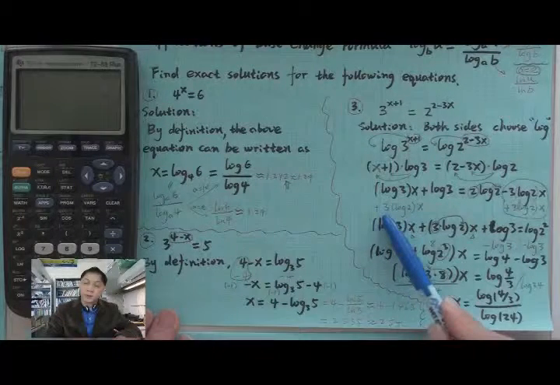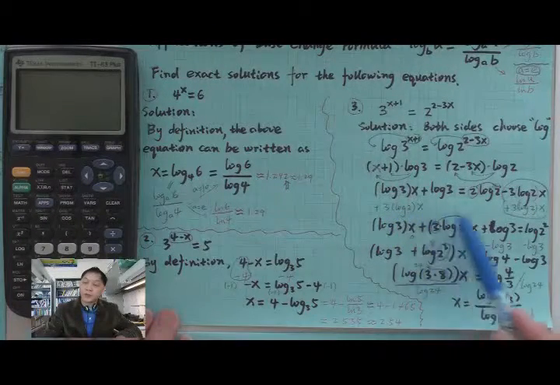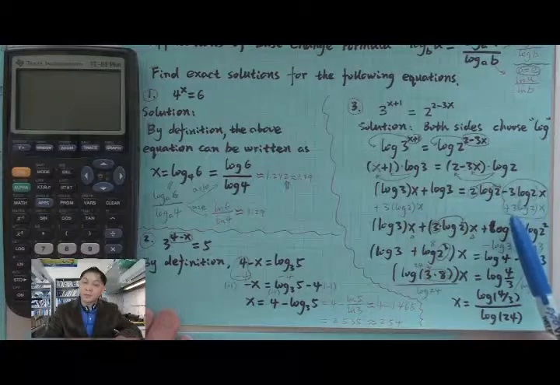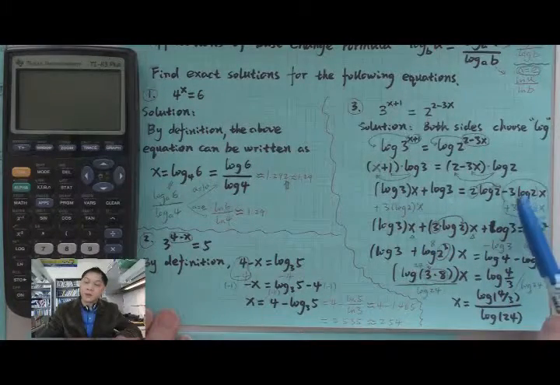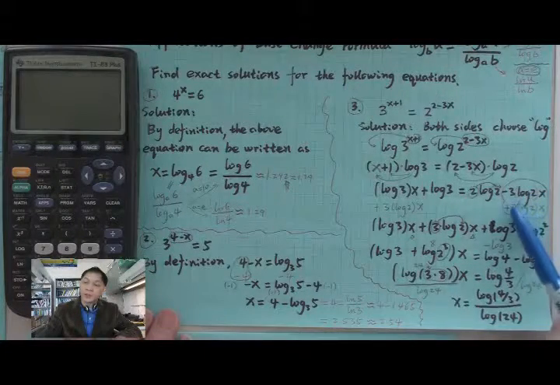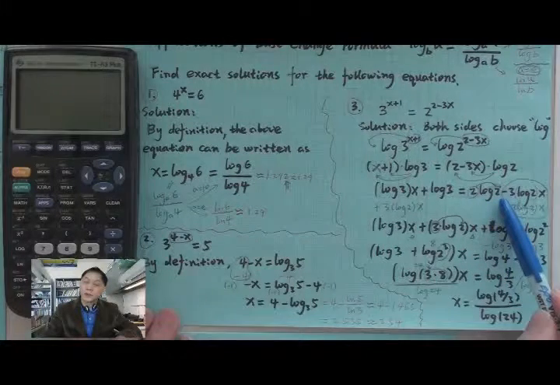So you then have 3 times log 2 x, both sides adding the same term. On the right-hand side, you cancel these 2, positive and negative. You have a 2 log 2 left.